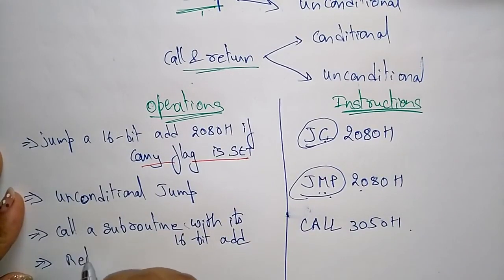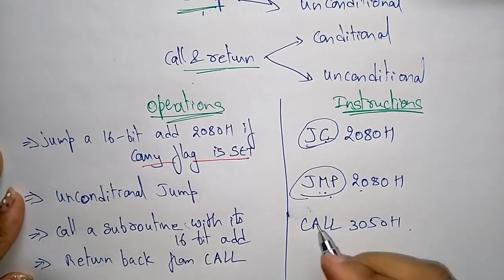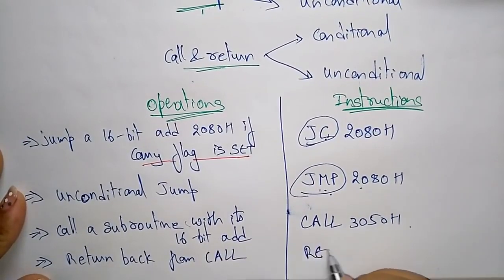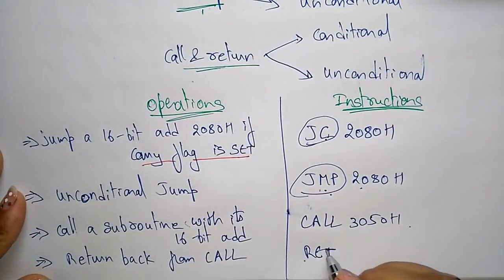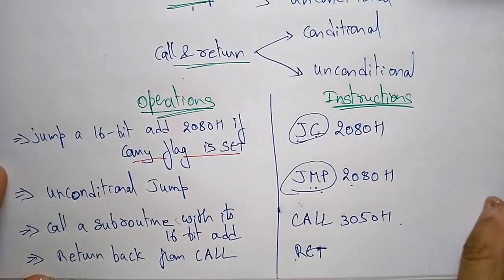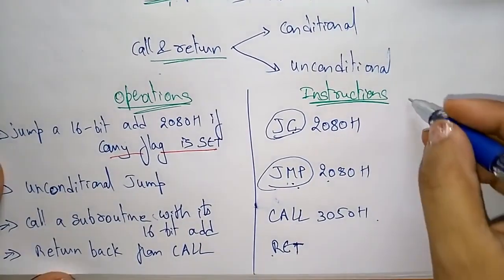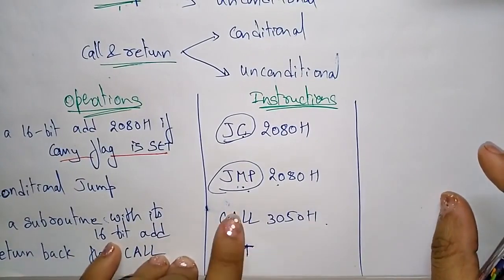Next, return back from call. If you want to return back from that call, you just mention RET. Whenever the subroutine is over, at the end of the subroutine, just write RET. Then the program will return to the main program. Both of these are unconditional.